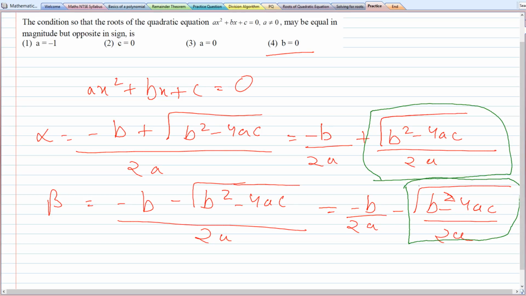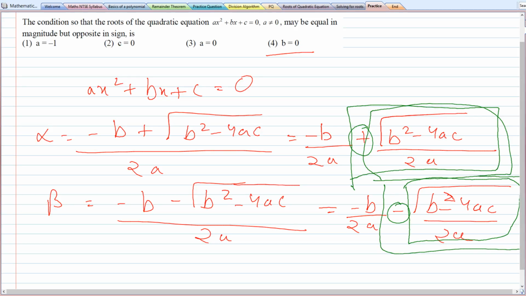It is equal in magnitude in both, but has opposite signs. If all we have left is this part in the value of alpha and this part in the value of beta, we will satisfy the condition that they are equal in magnitude but opposite in signs.